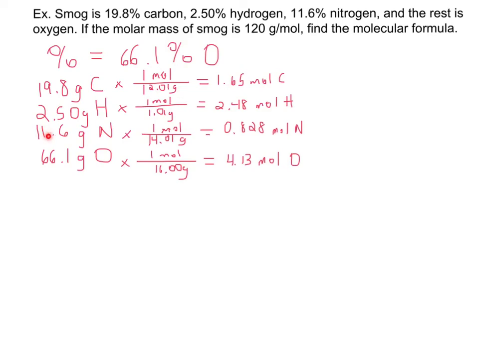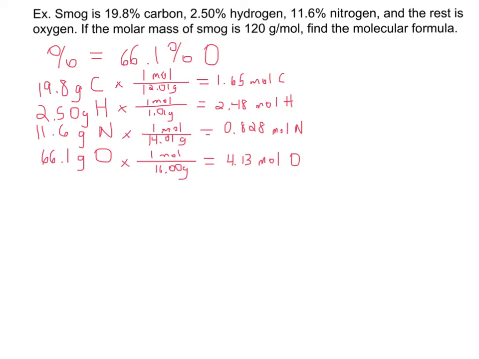I then took 11.6 grams of nitrogen, divided it by its molar mass, which is 14.01, and I get 0.828 moles of nitrogen. Then I took 66.1 grams of oxygen, divided it by its molar mass, which is 16.00 grams, and I get 4.13 moles of oxygen.